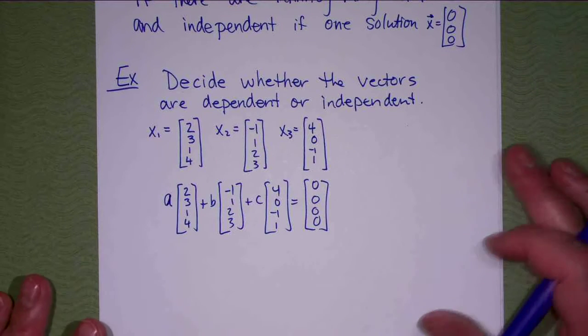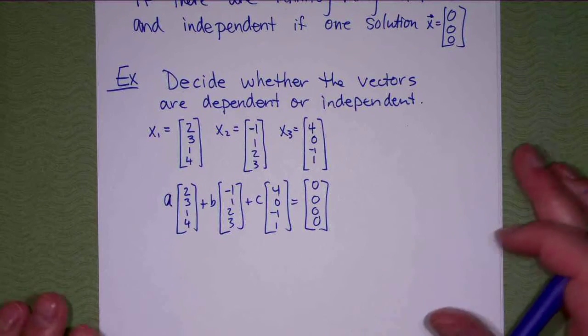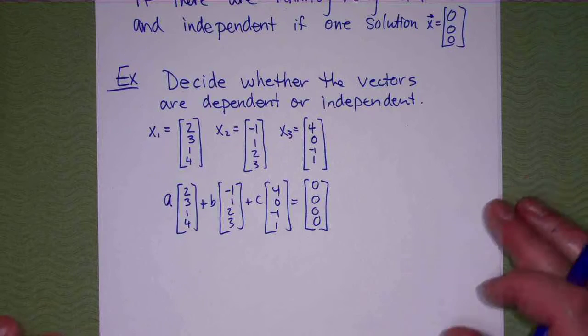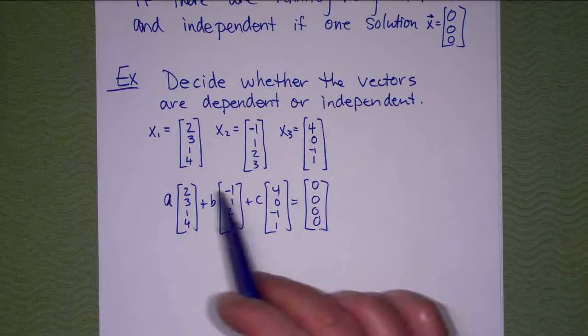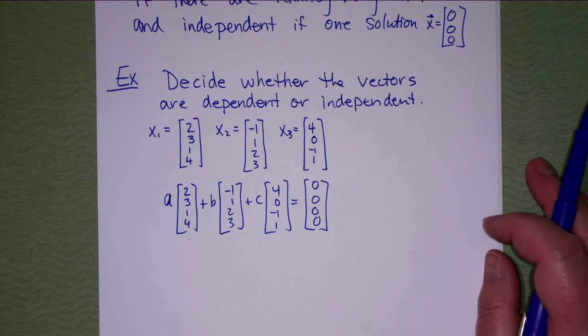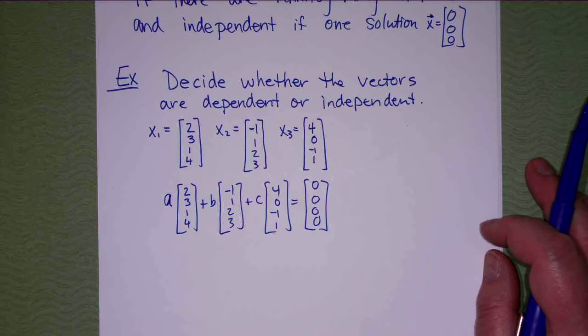And some of you went wrong on the test in this way, getting messed up with it because it was a 3 by 3, and what you needed to do was just look and see if any of them were parallel or multiple of each other, and then automatically dependent. No need to do anything. Are any of these a multiple of each other? Not that we can see, no. They're not.